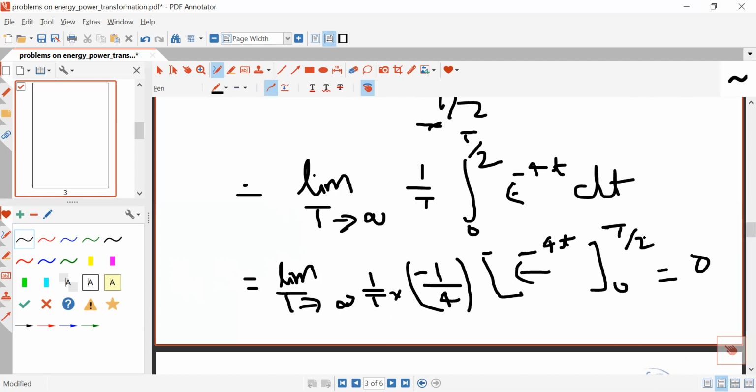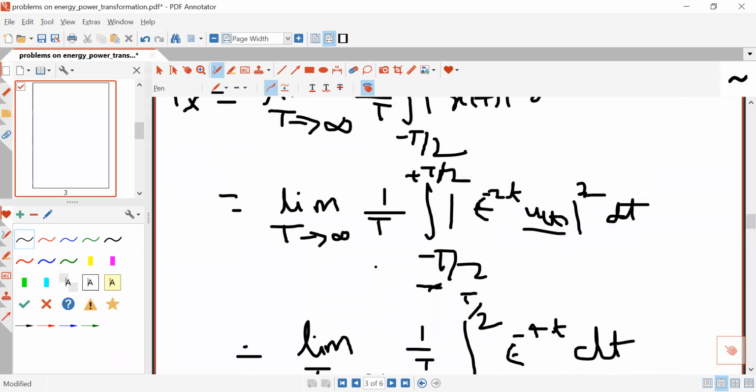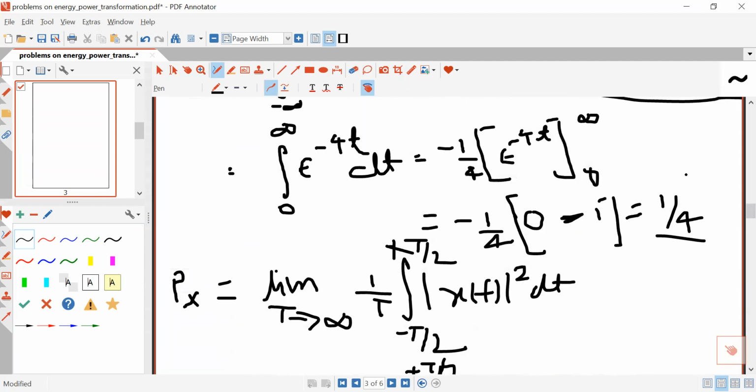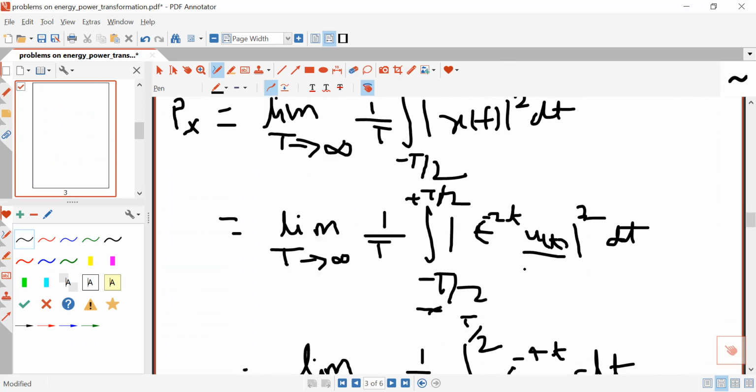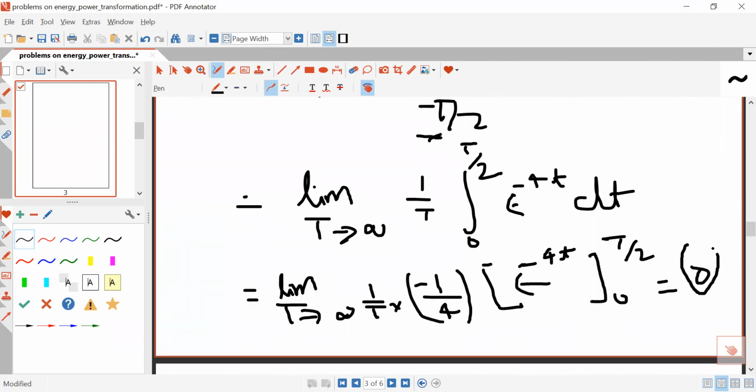So in this way, you can see here the energy of this signal is finite, some definite value, but the power of this signal is 0. So you can say this signal is an energy signal.